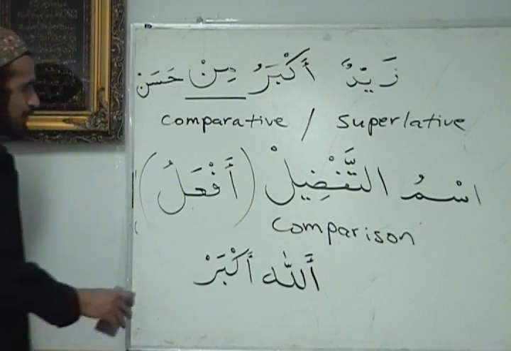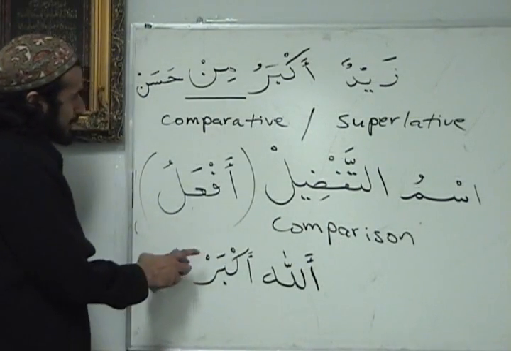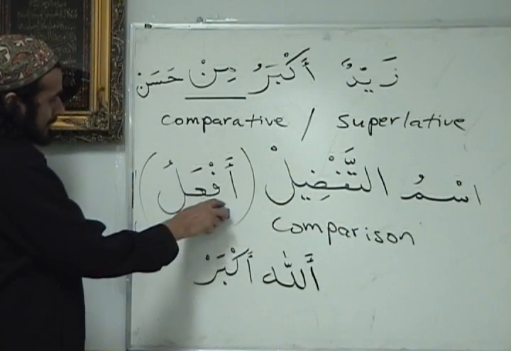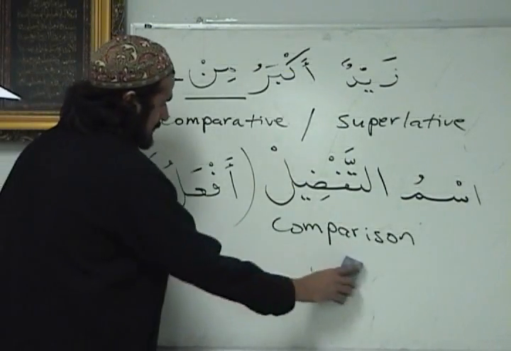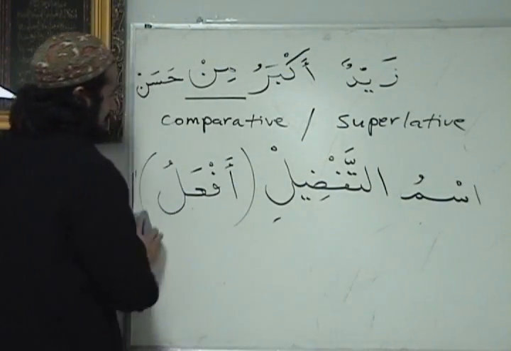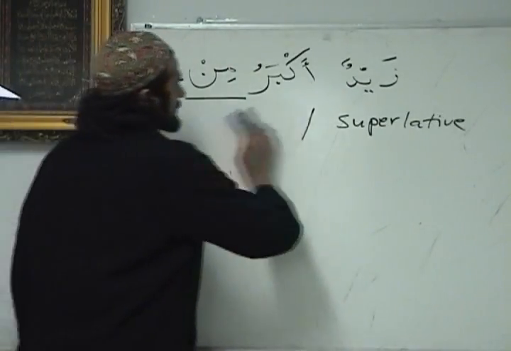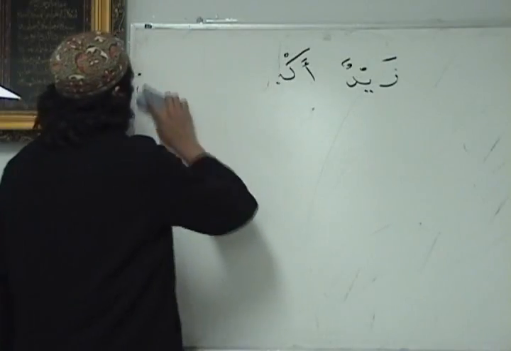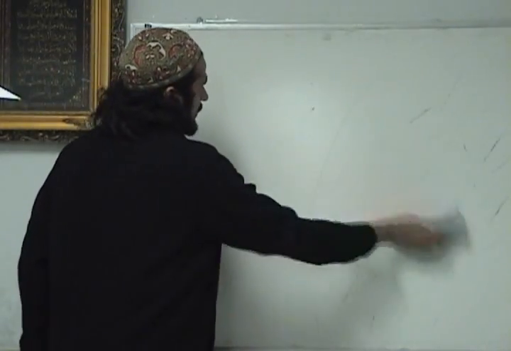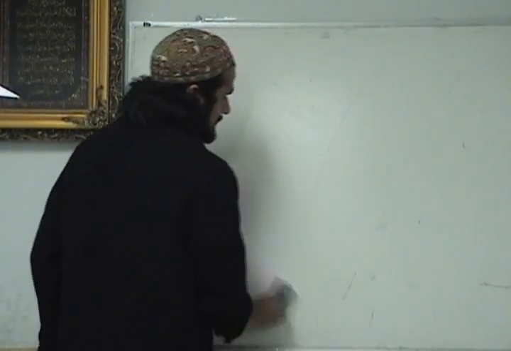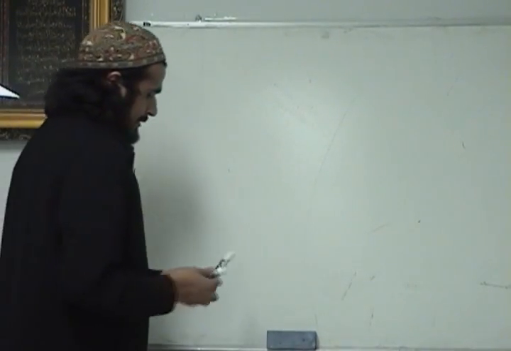So we won't worry about that now. What we do worry about is it has this form, af'al. And it can have both superlative and comparative meaning depending on whether we use min or not. These are the forms.